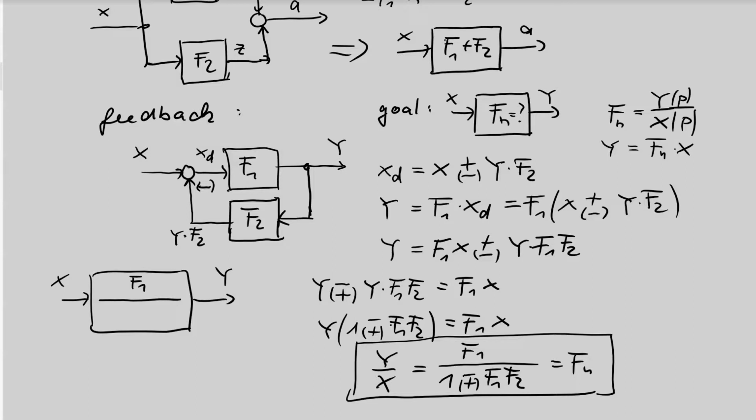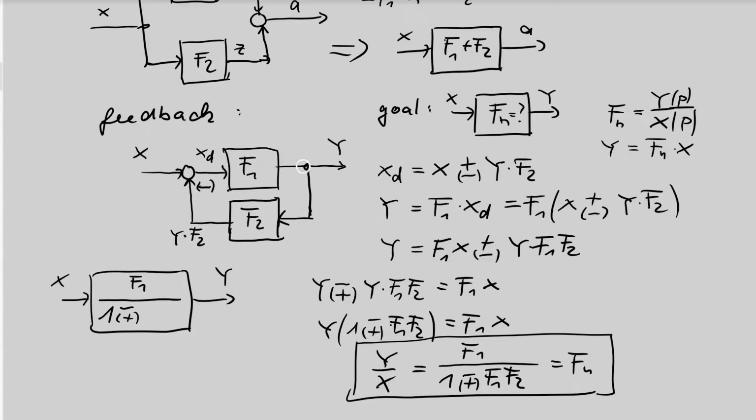And in the denominator you always see a 1 here, followed by a sign, which is the opposite sign of the feedback sign. So I have a minus sign if there is a plus, or a plus sign if there is a minus sign, followed by the product of the functions in the loop.